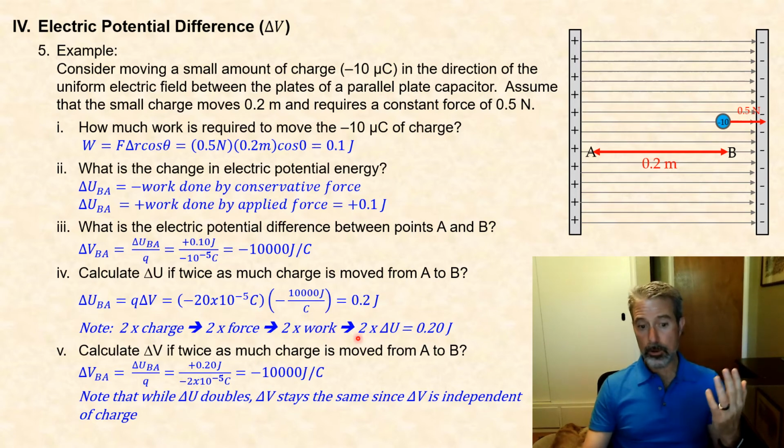So while the electric potential energy difference between those 2 points doubles when moving twice as much charge, the change in electric potential remains constant. A charge independent quantity.